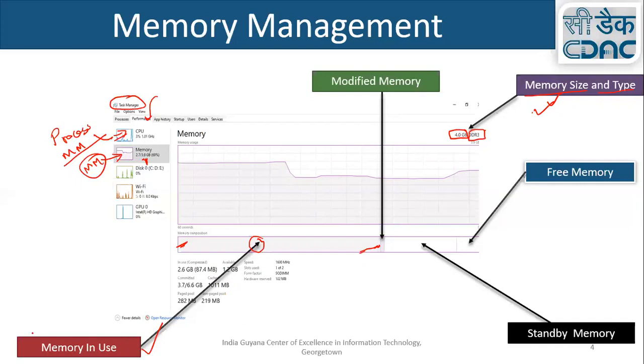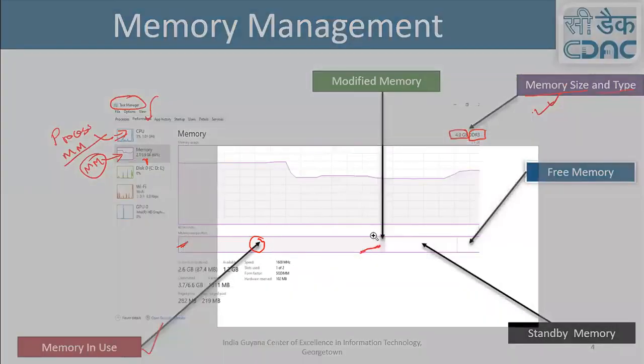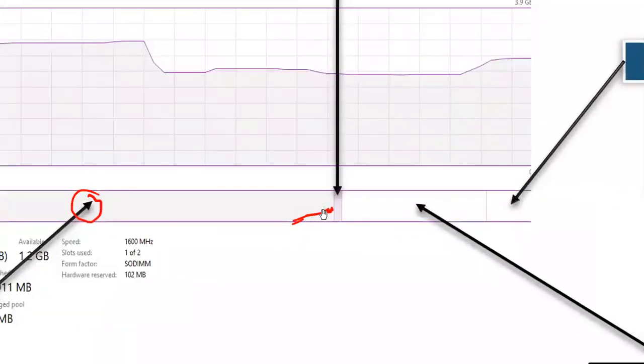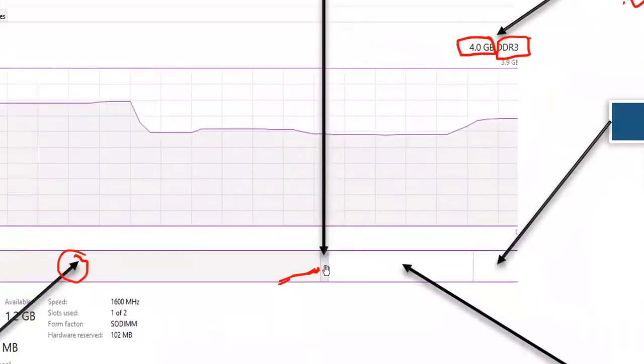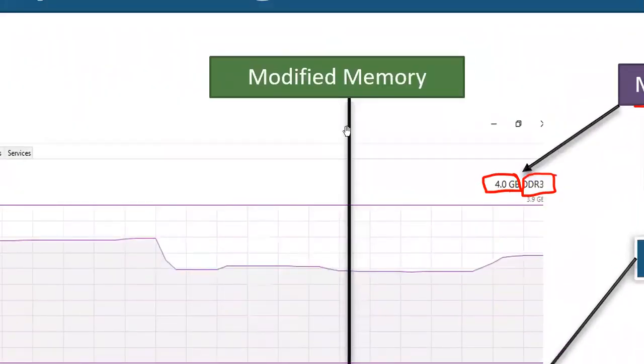So let me zoom here. This up to this point is the memory in use. And this particularly small part, between the two bars, is known as the modified memory.